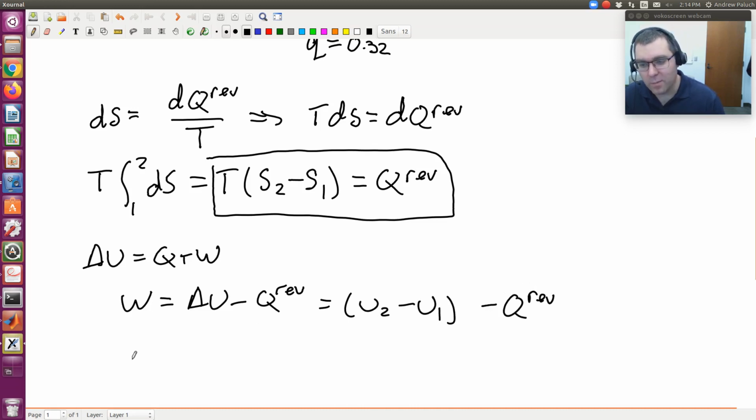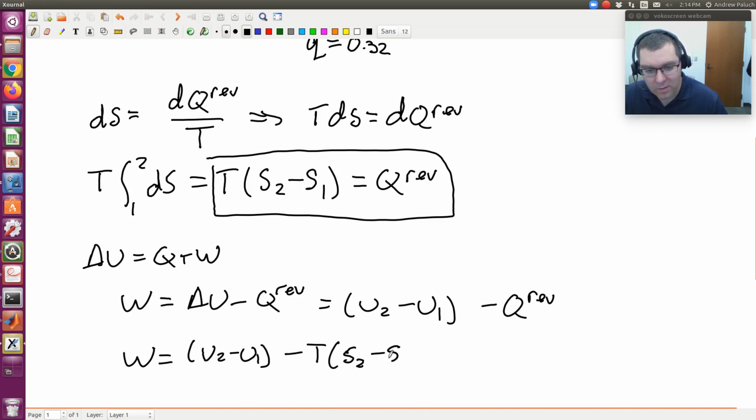If I wanted to put it all together, W is going to be equal to U2 minus U1 minus T times (S2 minus S1). Hang on, that's my second term. So this should be my ideal or reversible work.